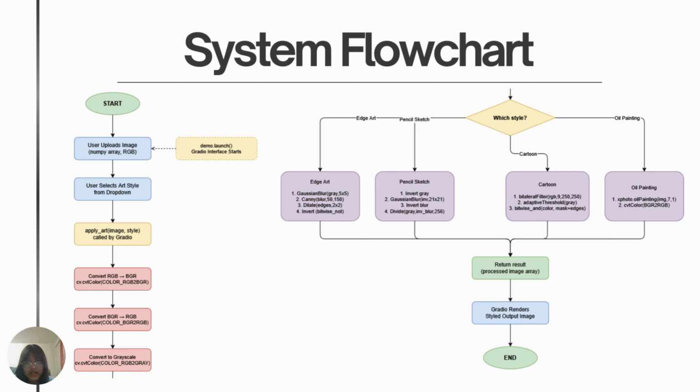The first one is arts, the second one is basic sketch, and also cartoon and oil painting. We can choose one of these art styles and then we get the result from it. So here is the classical computer vision process: Gaussian blur, and also edge detection, morphological processing, and thresholding, something like this.